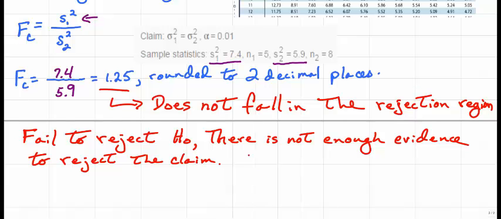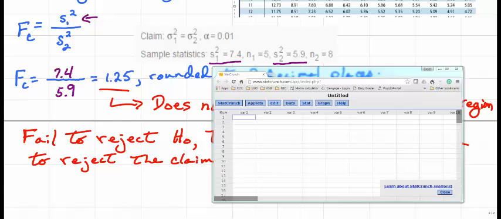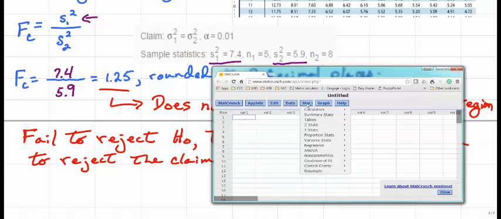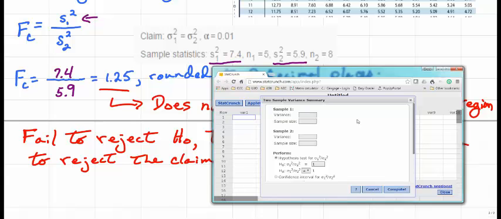This problem can be done using StatCrunch, but honestly it's easier not to use StatCrunch. But if you want to use StatCrunch, we'll go ahead and show that. So if you want to use StatCrunch, go ahead and open that, and then you're going to left click Stat, scroll down and highlight Variance Stats, come over, highlight two sample, and then you want to select with summary.